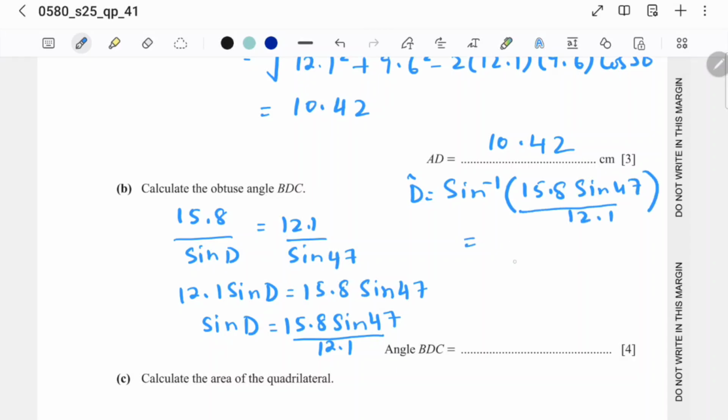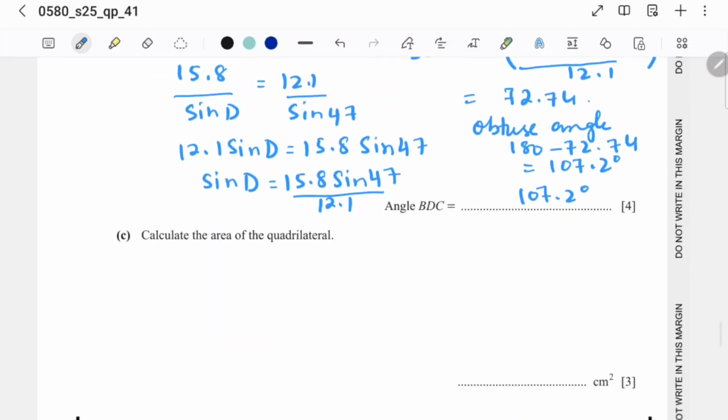Then you get the answer 72.74. But they are asking you to calculate the obtuse angle, and this is an acute angle. You know that sine theta equals sine of 180 minus theta. So the obtuse angle will be equal to 180 minus 72.74, that is equal to 107.2 degrees.